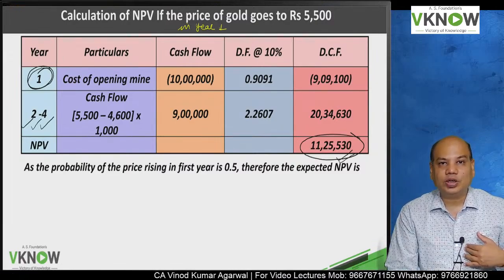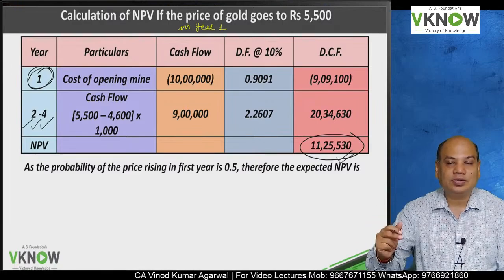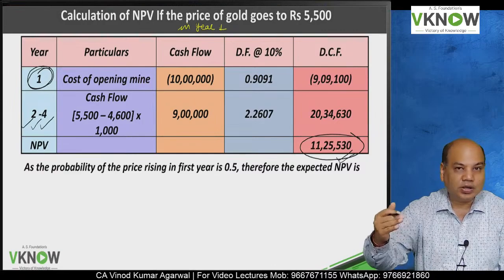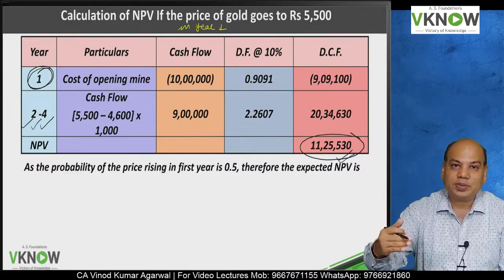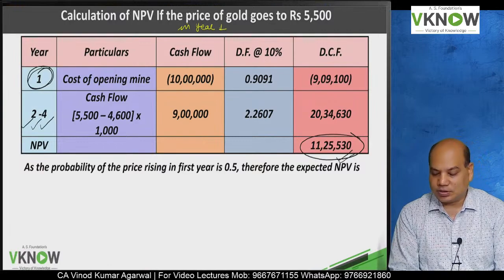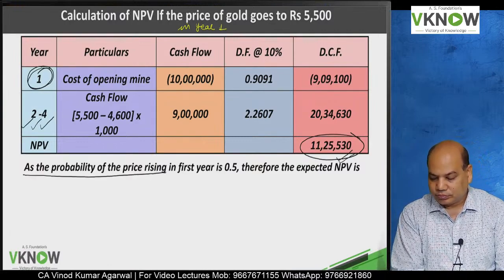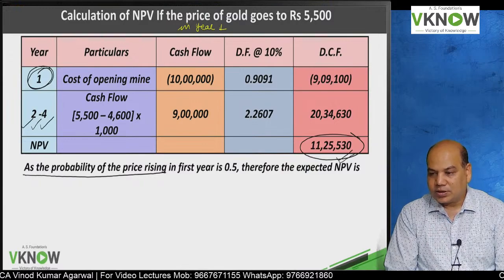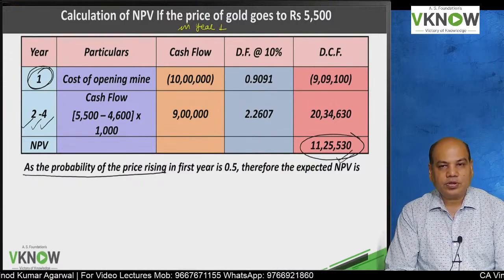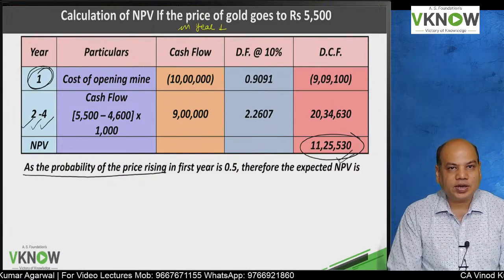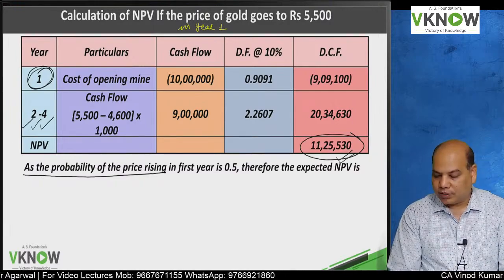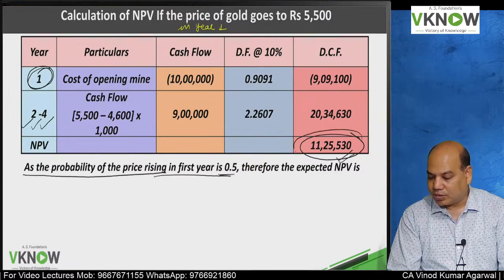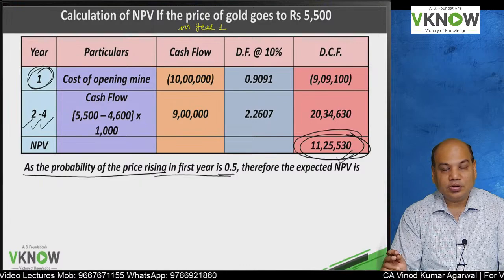We are standing today and I have to take a decision whether to start today or after 1 year. After 1 year, there are two possibilities, so I have to take the expected value of those two possibilities. Write down a note: the probability of price rising in the first year is 0.5 only.